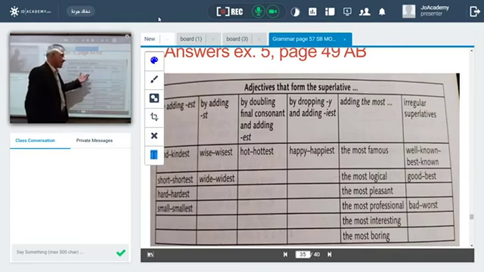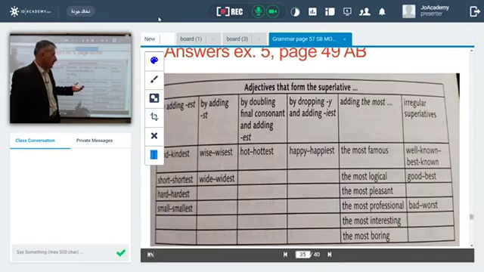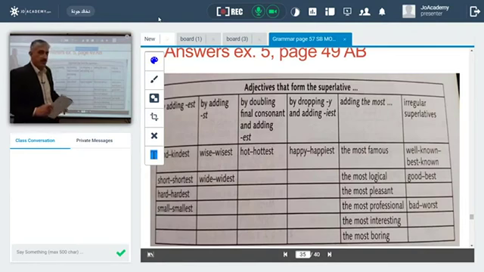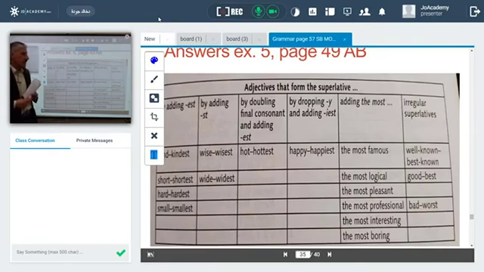Dropping y and adding -iest, like happy, happiest. Adding "the most": the most famous, the most logical, the most pleasant, the most professional, the most interesting, and the most boring. And irregular superlatives: we have well-known, it can be best-known, and good becomes best, and bad becomes worst.